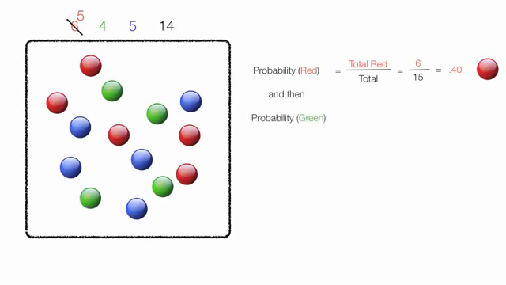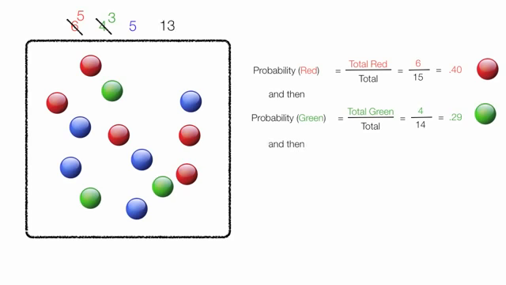Then I calculate the probability of picking a green marble, which is equal to the total green marbles out of the new total actually, which is equal to 4 green marbles out of 14 marbles, which is equal to 0.29. And that's the probability of picking a green marble. Now I have 3 green marbles and 13 total marbles.